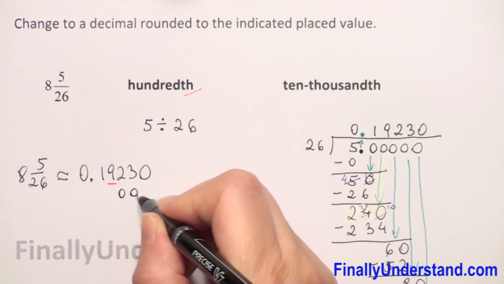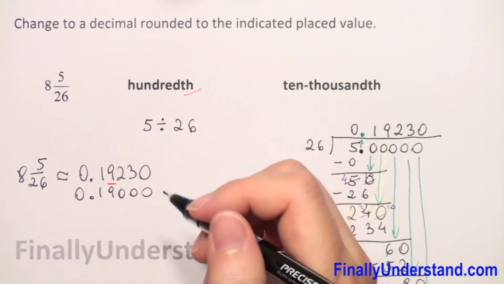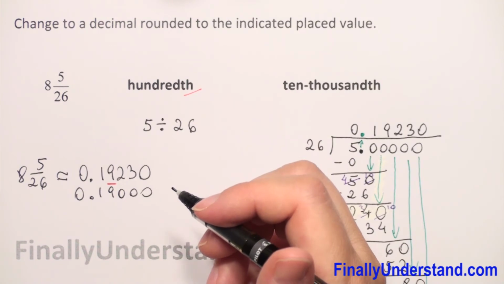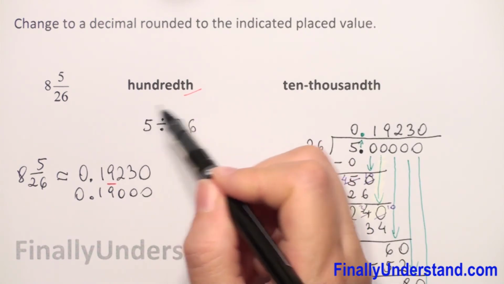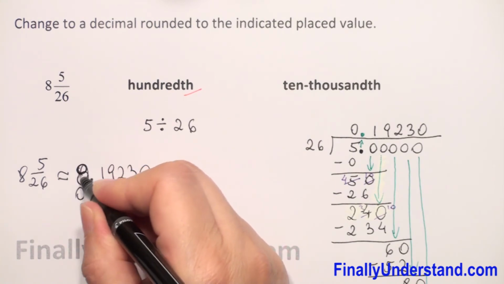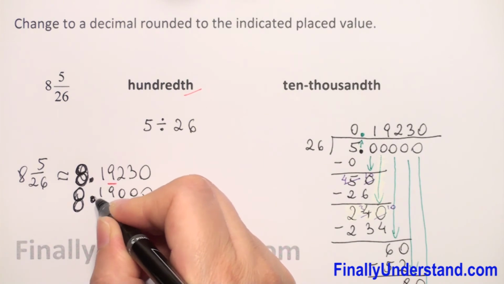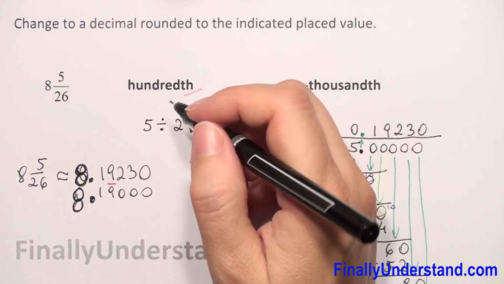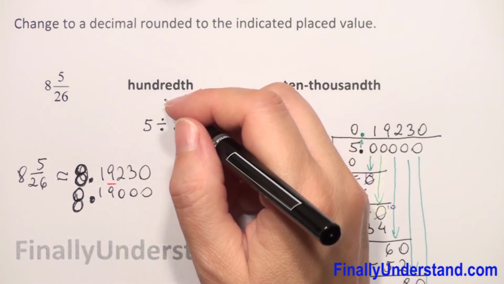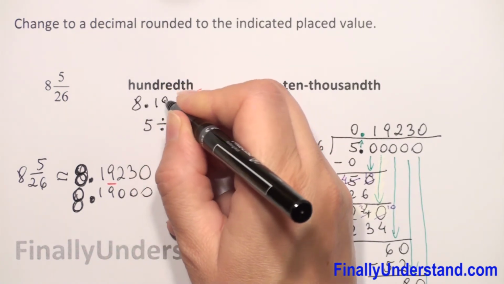So when we round to the 100th, of course, we have the whole number 8, and the solution will be 8 decimal point 19.